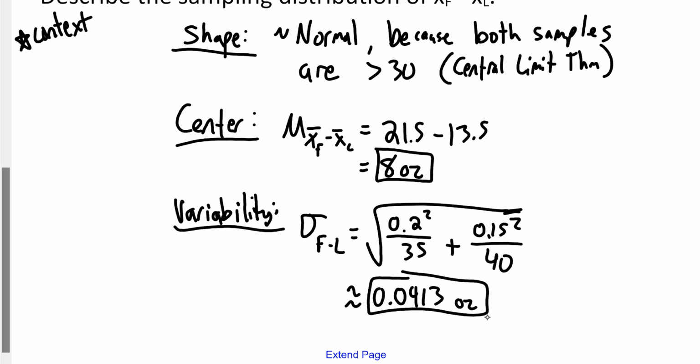Okay. Now, I want to do one other thing there. Because we're doing the standard deviation, we should be checking the 10% condition. Is 35 less than 10% of all family boxes?